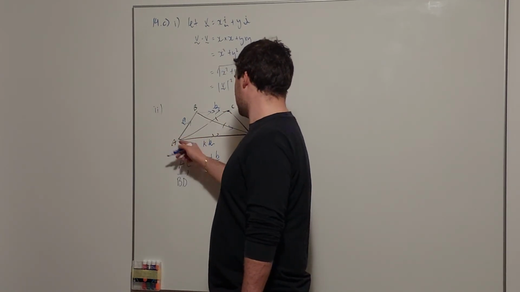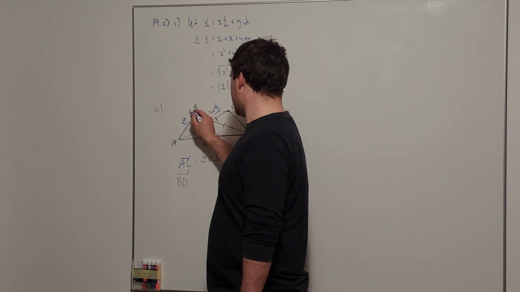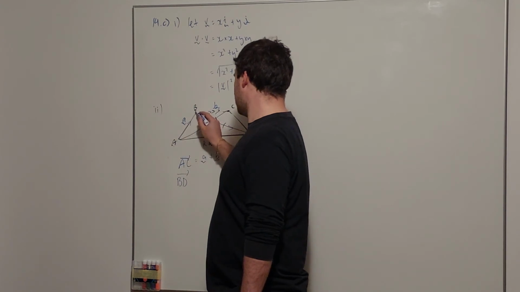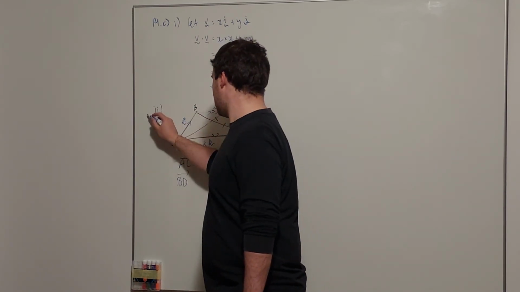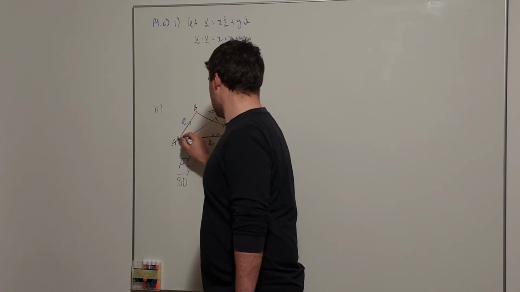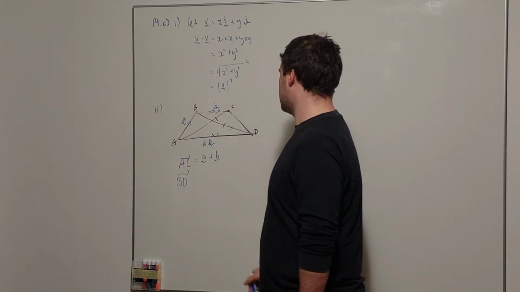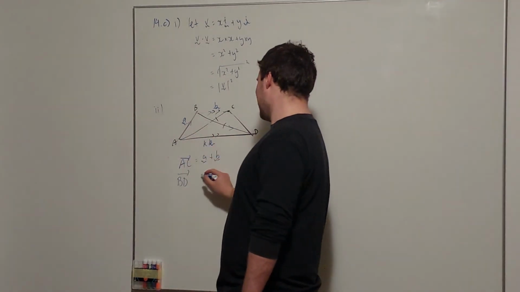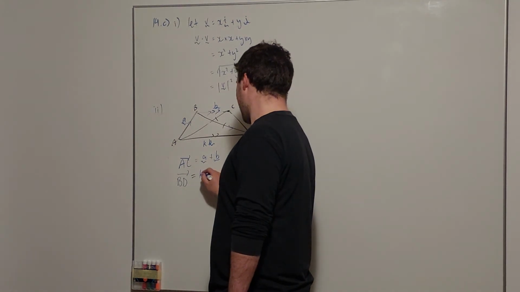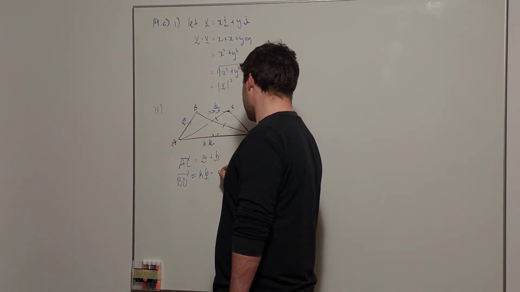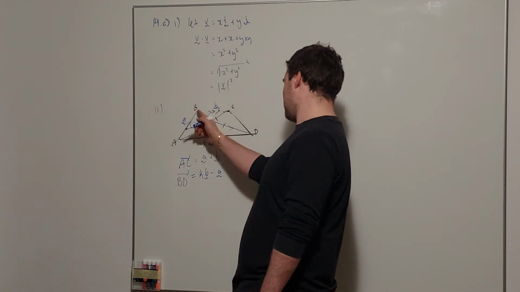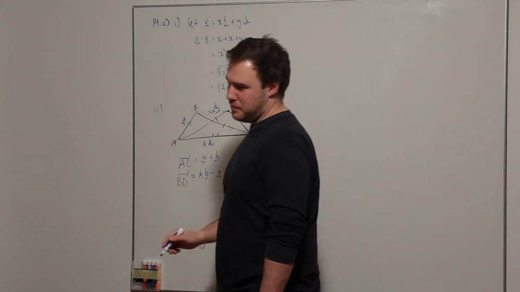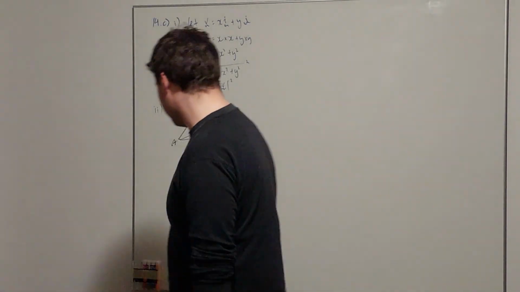Negative kb is there. If I translate that up there, that's a plus negative kb. Going from there to there is the same as going from there to there, but I did that the wrong way around, which means it's negative. So it's kb minus a. The most convoluted way of saying it there.